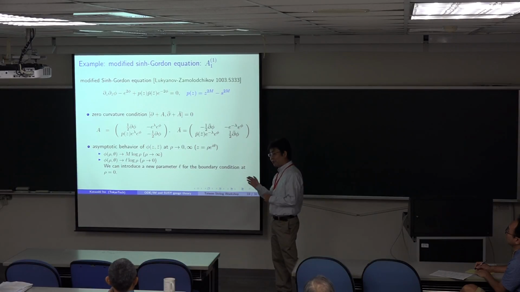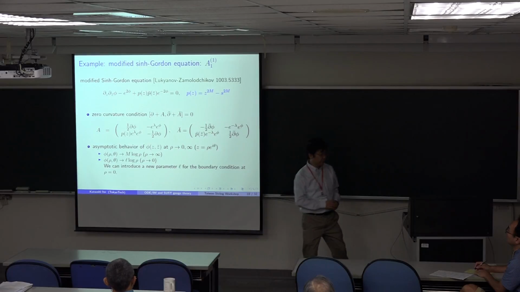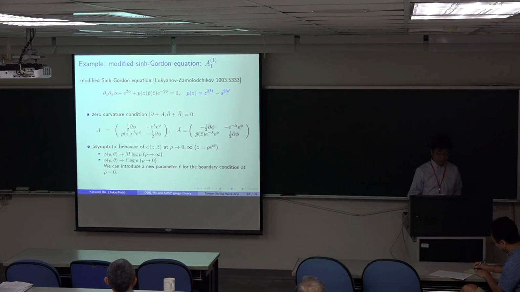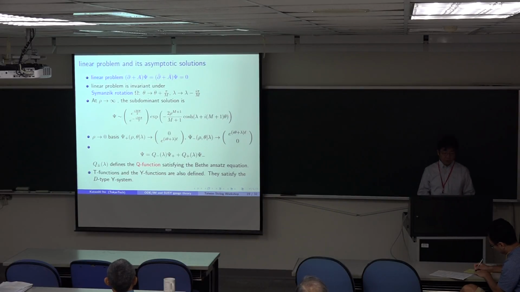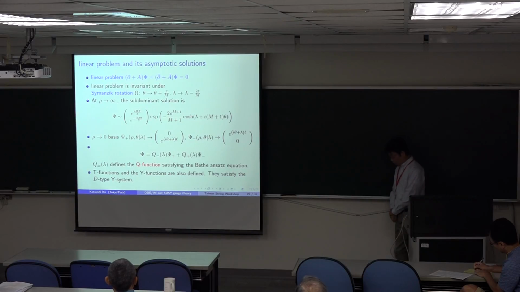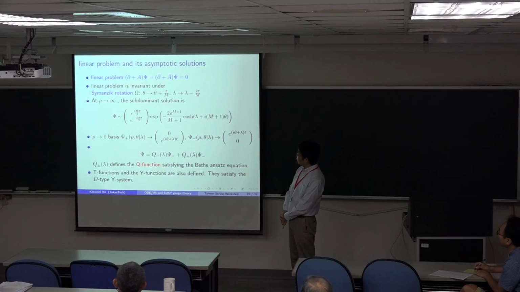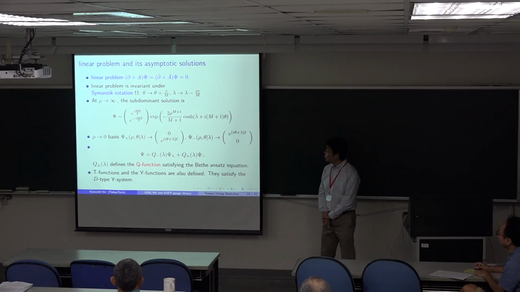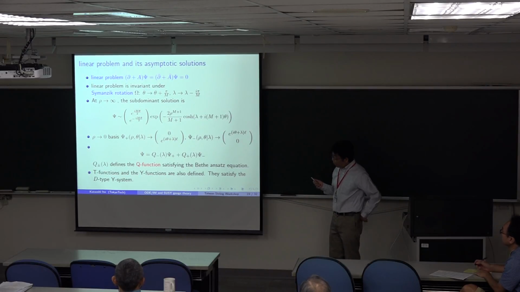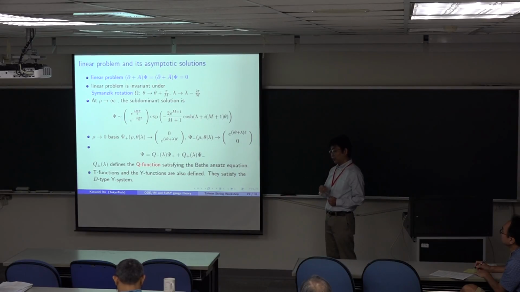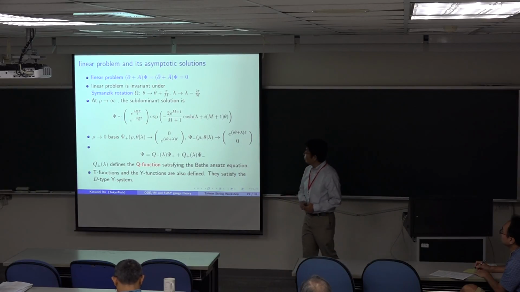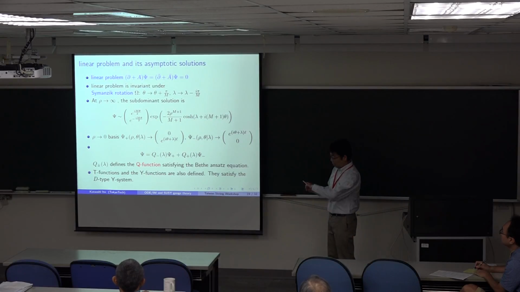That's the way of construction. Then we have the solution of the linear problem. We consider the linear problem and the asymptotic solution. So we can find a similar phase rotation of this linear system.